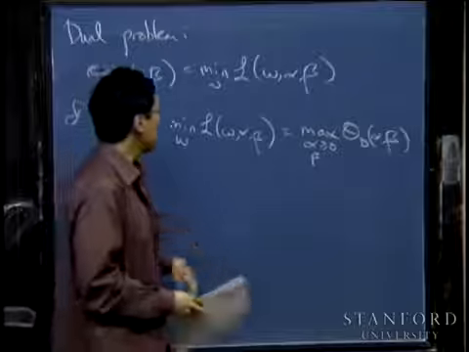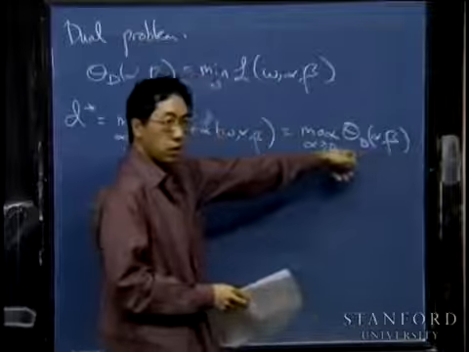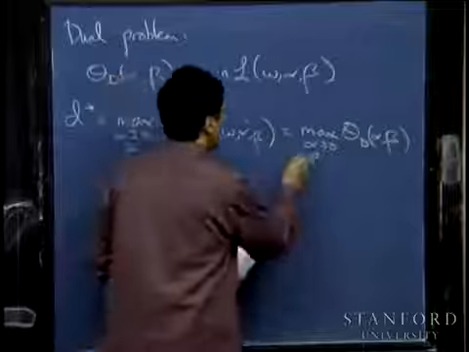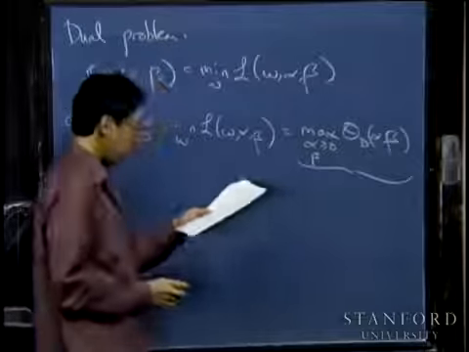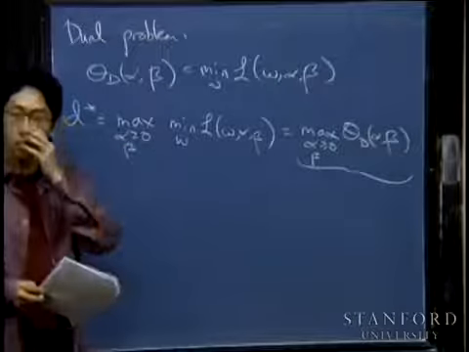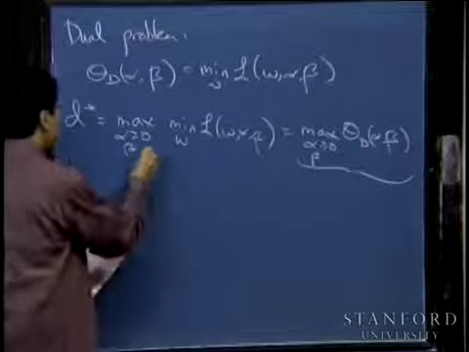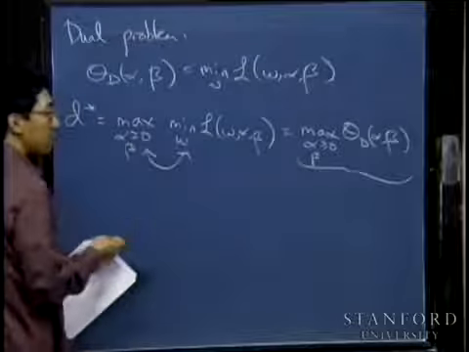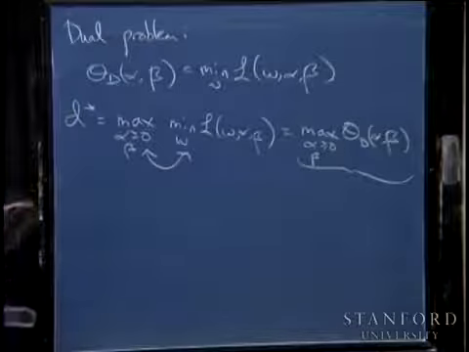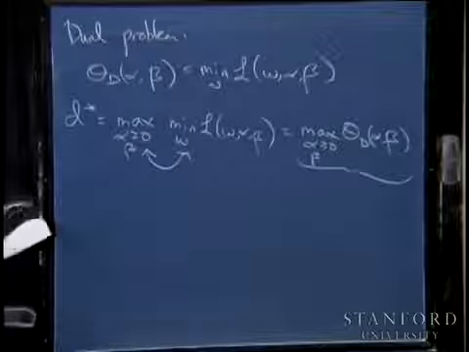So this is my dual optimization problem, to maximize over alpha and beta theta_D(alpha, beta). I want you to compare this to our previous primal optimization problem. The only difference is that I took the max and min and switched the order around to the max and min. That's the difference between the primal and the dual optimization problem.